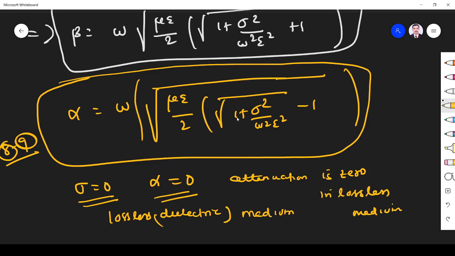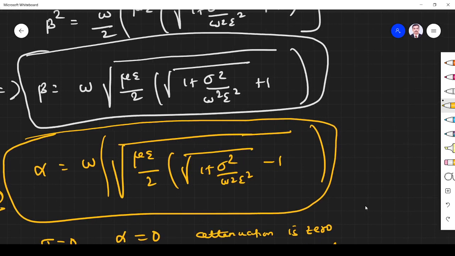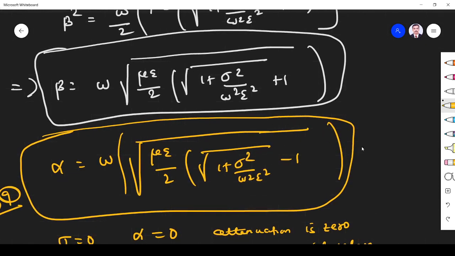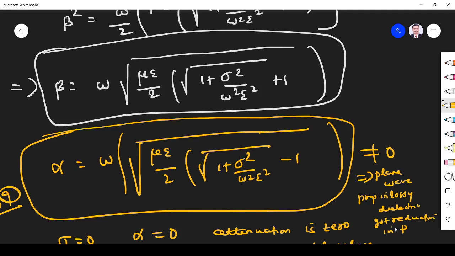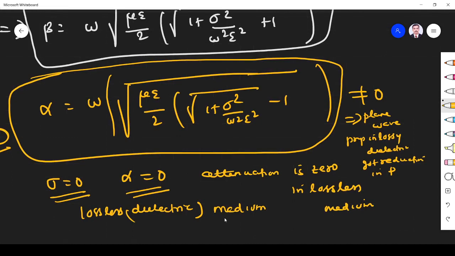So for lossy medium, alpha is not equal to 0. This implies plane wave propagation in lossy dielectric. As the name itself says, lossy dielectric has reduction in power while the wave is traveling through a dielectric.